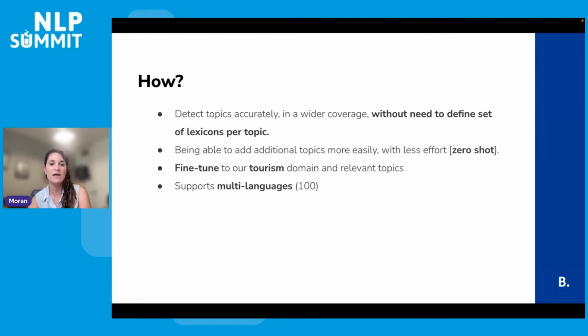We want to be able to add additional topics more easily. If we have a new use case and a new topic list, we want to add it to our model with no effort, so we want the model to enable zero shot. And we want to fine-tune the model for the tourism domain and the relevant topics of the tourism domain. And we want the model to support multiple languages, as we have reviews in a lot of languages.